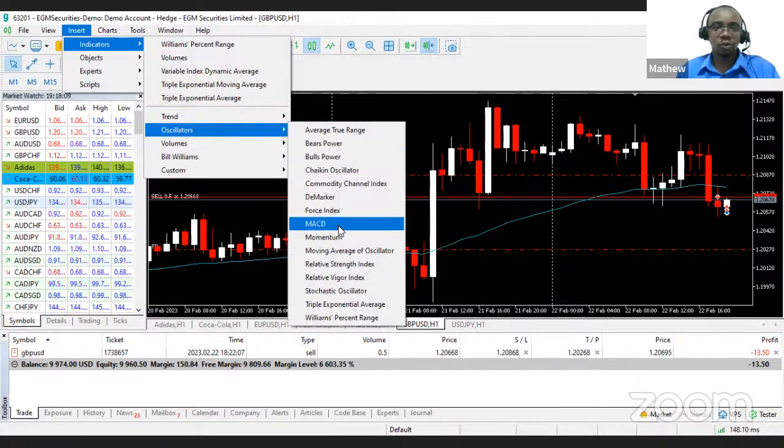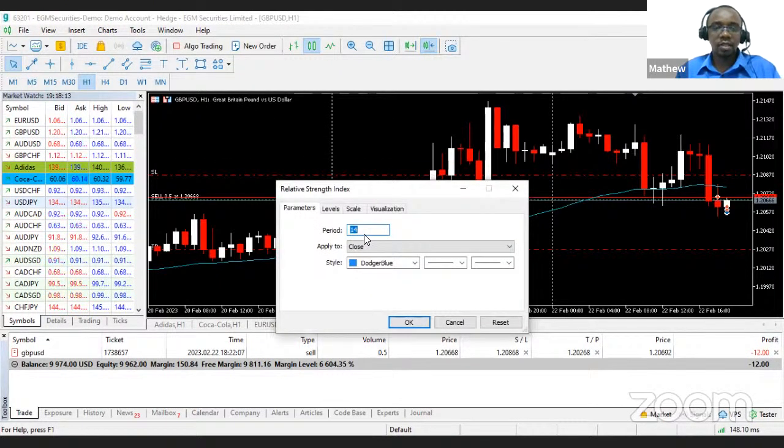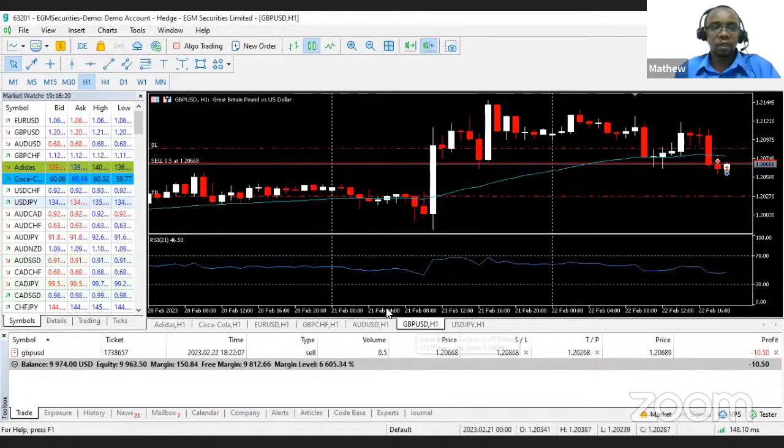Now, let's assume you want to use the RSI. Let's use, let's say 21, right? So just click yes, and then the indicator window will come down here and you'll have set out the RSI. So always understand that when you are using indicators, these should come in as confirmations.